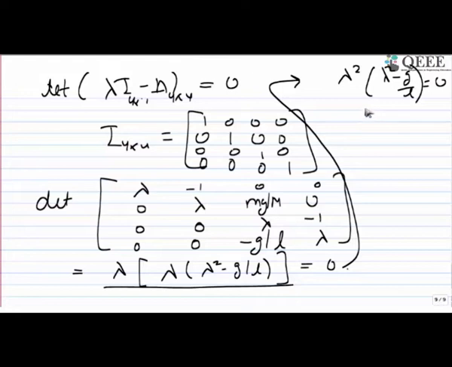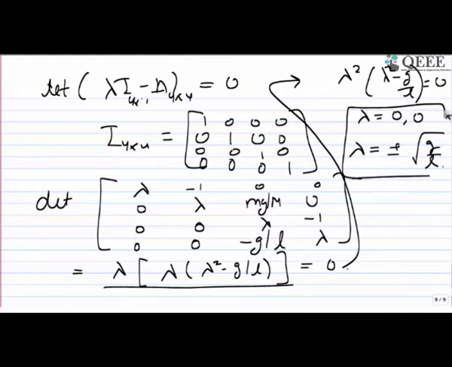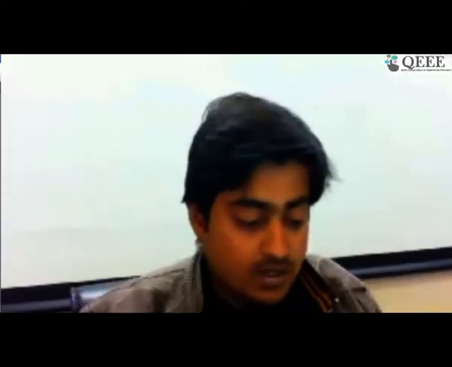There are two poles, two roots at the origin, and I have two other roots which are at plus minus under root g by L. This amounts to saying that my system is unstable, which I know from the physical perspective also, which we saw yesterday: if I put this ball at theta equal to 0, it is an unstable point. Theta equal to pi is an unstable point, so it will fall down. And this analysis shows me why it will fall down, because of this.